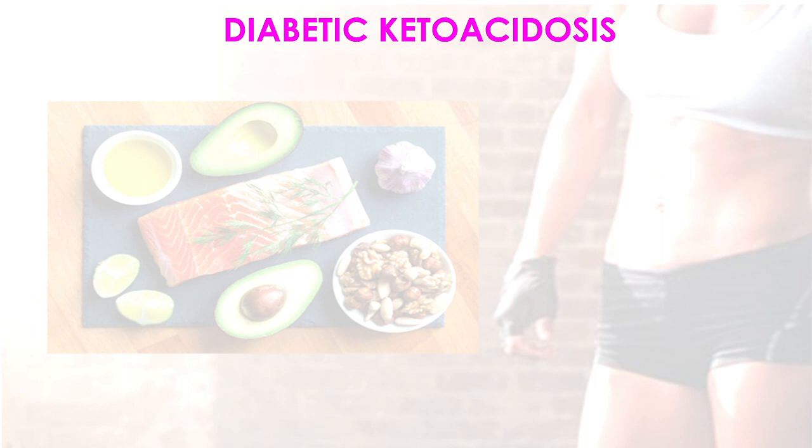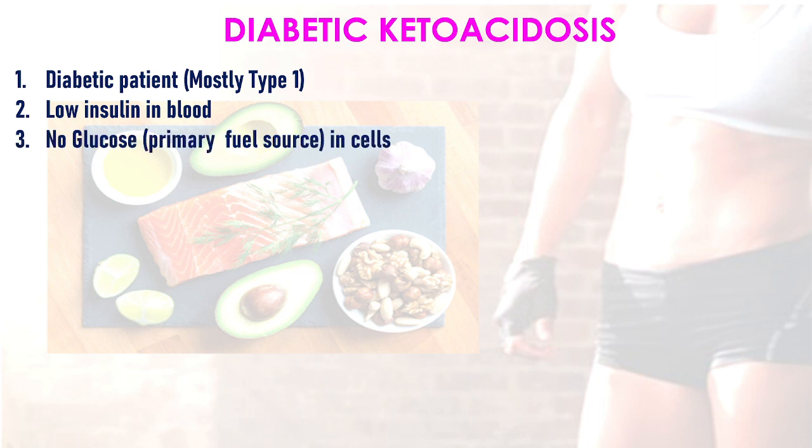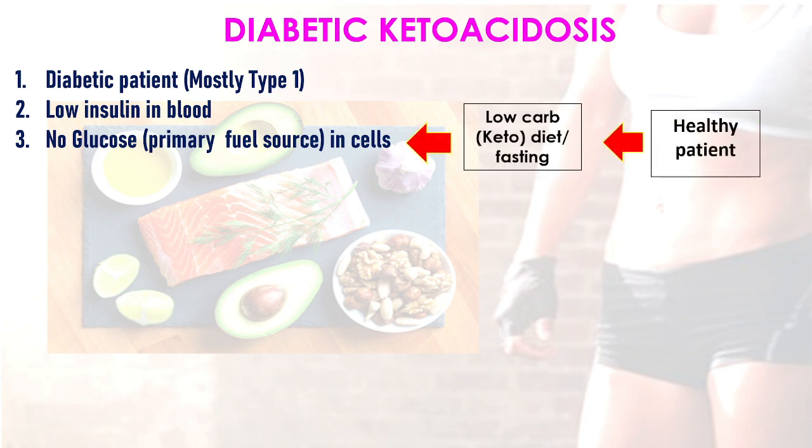Diabetic ketoacidosis. When considering a diabetic patient, mostly type 1, he or she is with low insulin in blood. That leads to low glucose uptake in cells. That means no primary fuel source. That is the same as when a healthy person is fasting or maintaining a low-carb or keto diet. So there is no energy for cells. Then an energy need occurs.